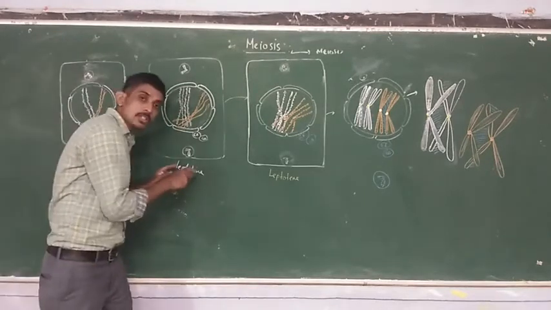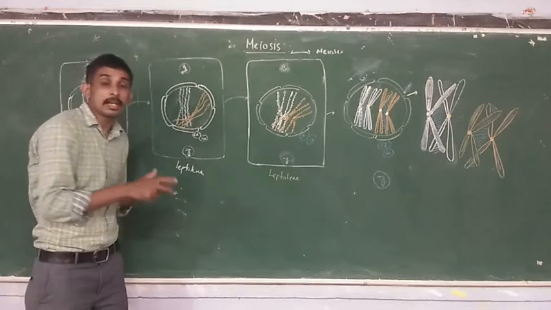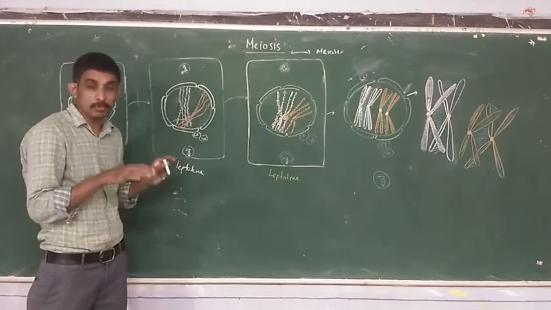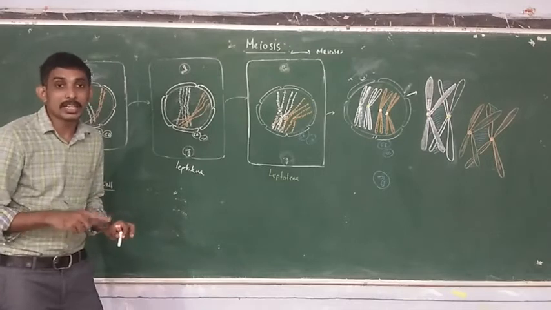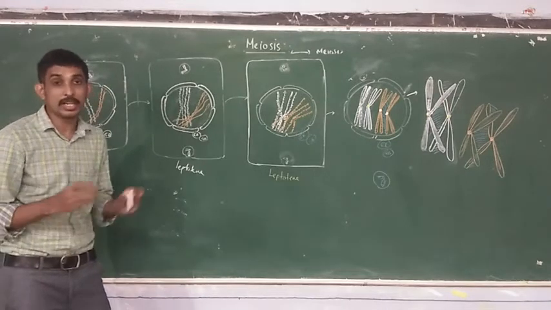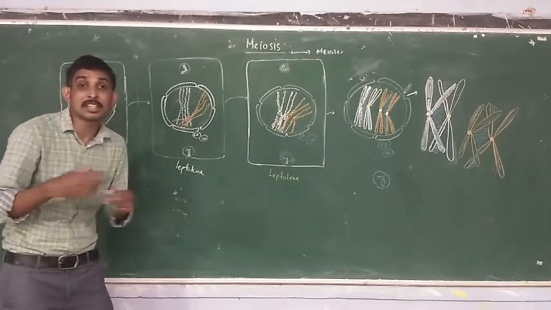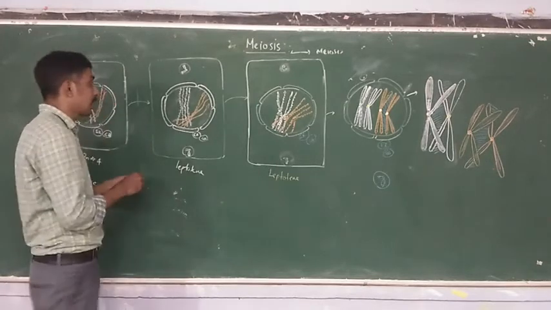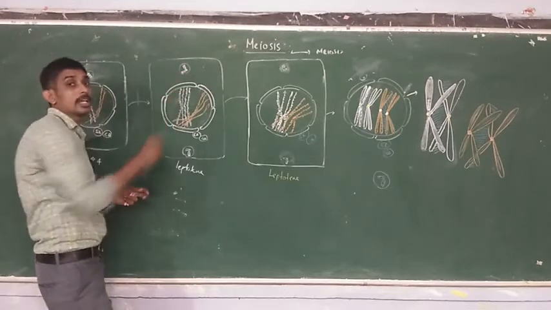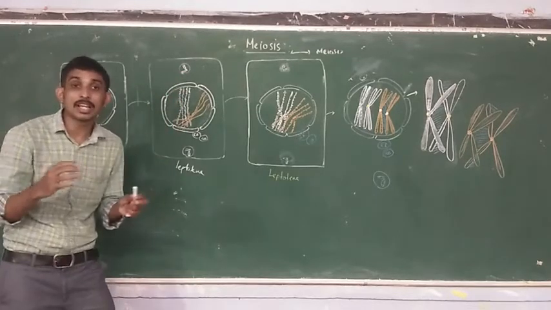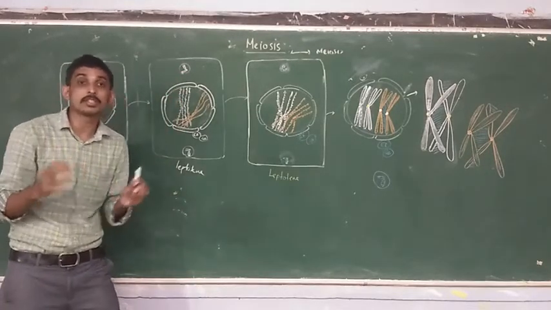The main feature of leptotene is that during the leptotene stage of prophase 1, the DNA or chromatin network starts to condense. Their condensation begins. They start to condense and form a highly elongated chromosome. We cannot say it is a 100% chromosome.